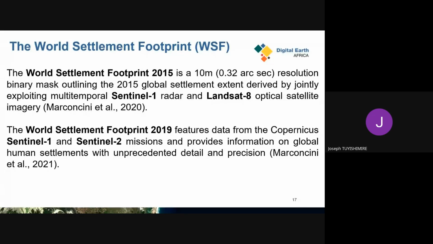The settlement footprint is also available at 0.52 degrees resolution, and it gives information about the global settlement for 2015. It uses Landsat and Sentinel-1 and Sentinel-2 optical scenes.